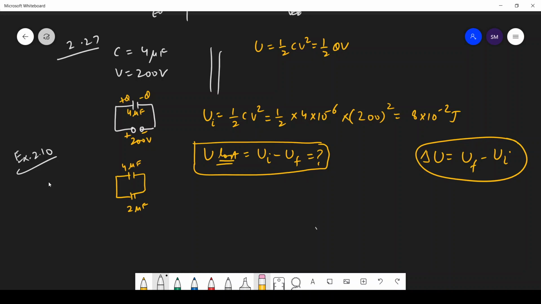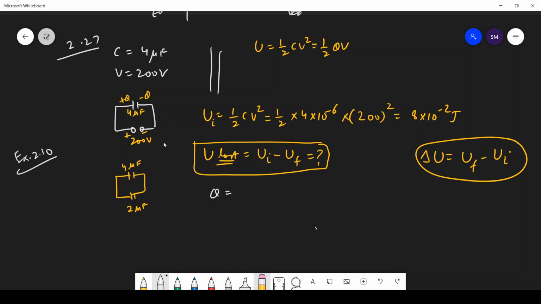Their common potential difference. Let us first find the charge on this capacitor 4.